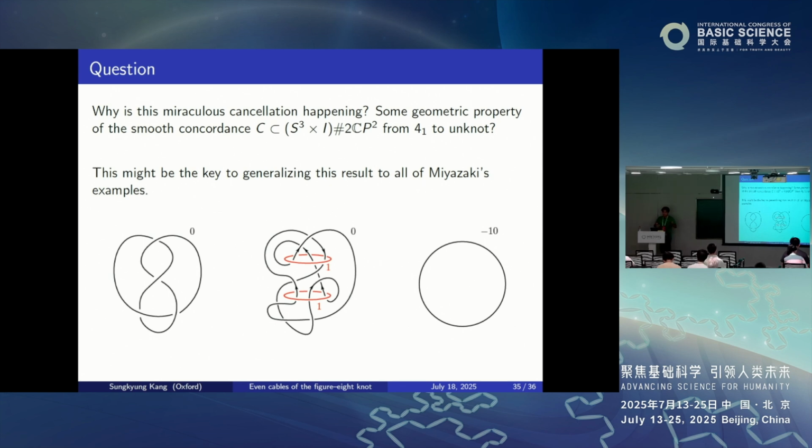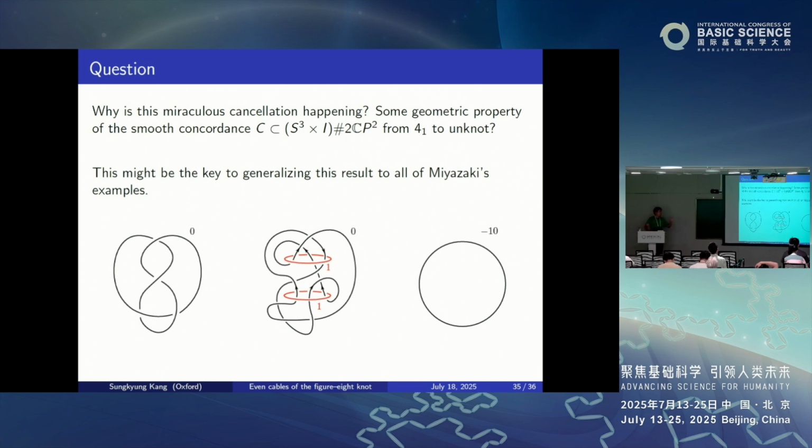This concordance from the 0-framed figure eight to the -1-framed dot knot might have some very special properties, and we suspect that this might be the key to generalizing this result to all of Miyazaki's examples. Because for now, this is such a miraculous cancellation, a miraculous untwisting sequence. It basically only works for figure 8.